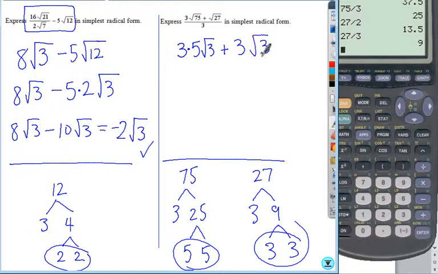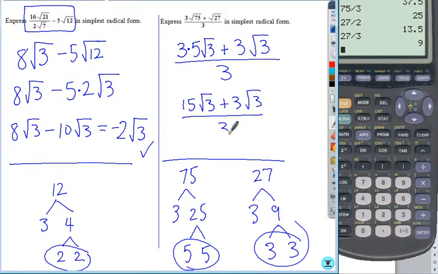And all of this is getting divided by 3. So it's really important to rewrite the complete expression after each step. Now, 3 times 5 is 15 times the square root of 3 plus 3 times the square root of 3, and is being divided by 3.